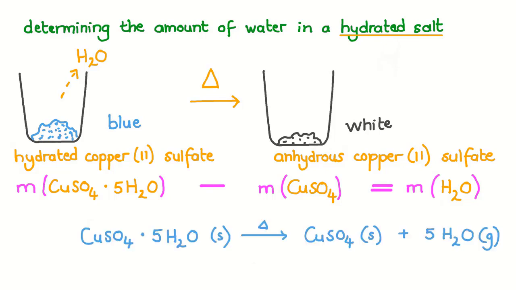The balanced chemical equation for this reaction is CuSO4.5H2O solid being heated to give CuSO4 solid plus 5H2O gas. Incidentally, this is a reversible reaction in reality. The reverse reaction is promoted by the addition of water and cooling.